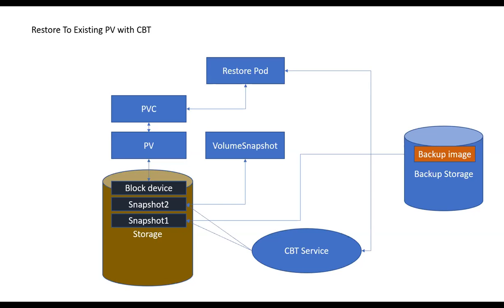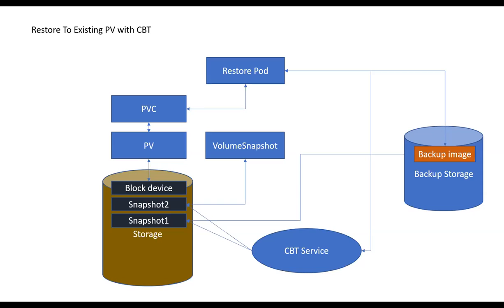The CBT service will provide us with the blocks that differ between the previous snapshot and the current snapshot. So we read from the backup image only the blocks that are different between the previous backup and the current time.